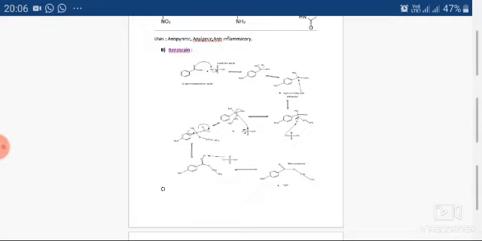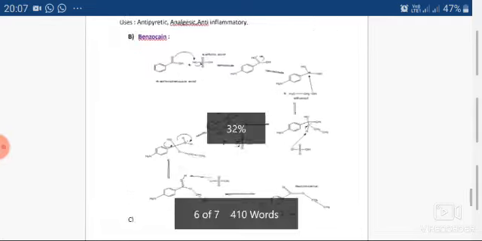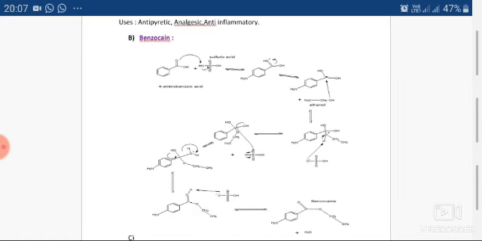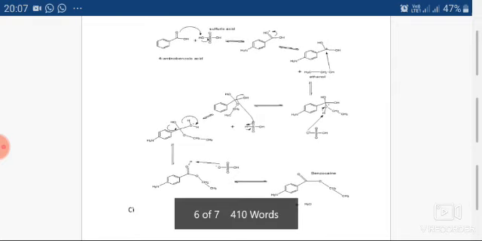In this reaction, when 4-amino-benzoic acid reacts with ethanol in presence of an acid, that is sulfuric acid, then it gives benzocaine.